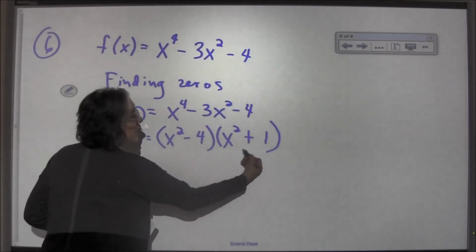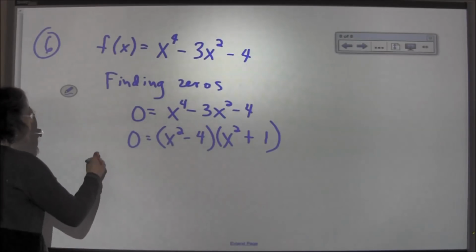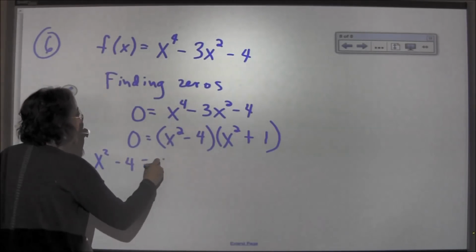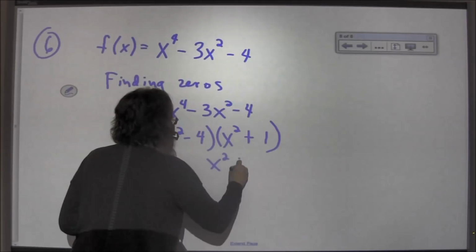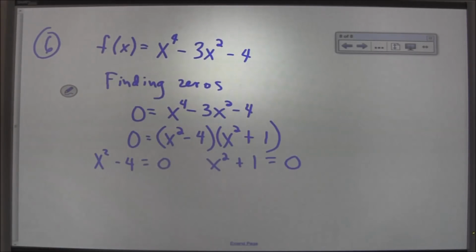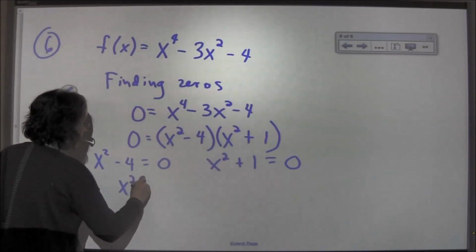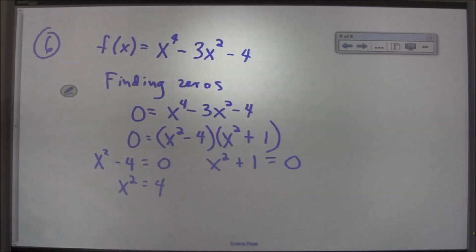Because you can't factor x squared plus 1. You could factor x squared minus 4. So let's just do them the same way. Let's set both of them equal to 0. That's factoring method, right? I'm going to isolate the square. So I get x squared equals 4 on that one.